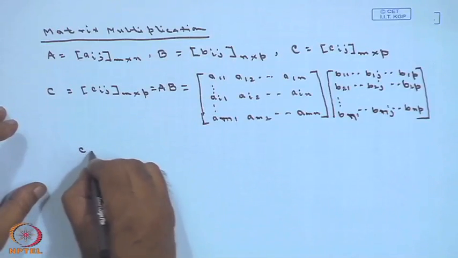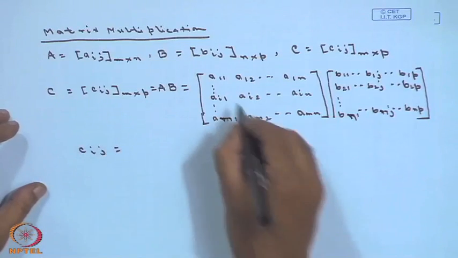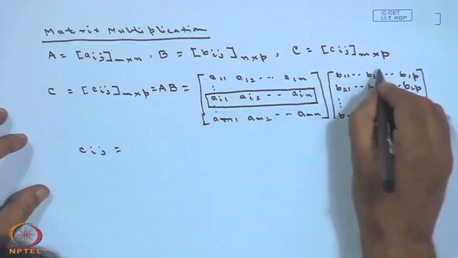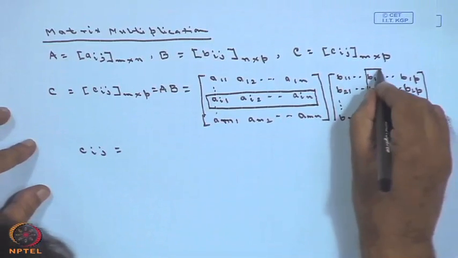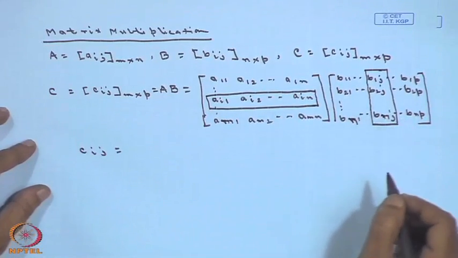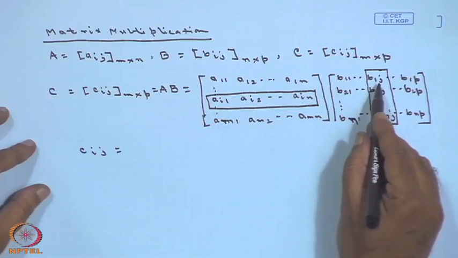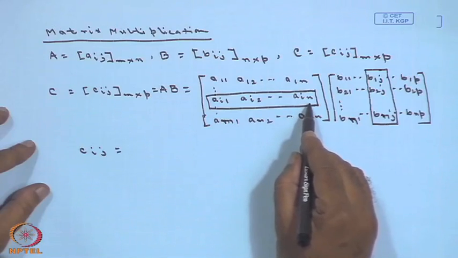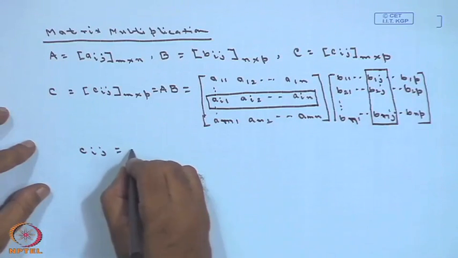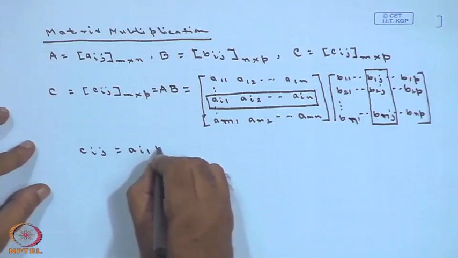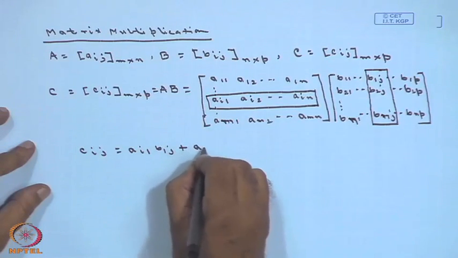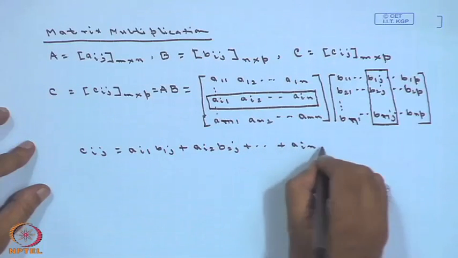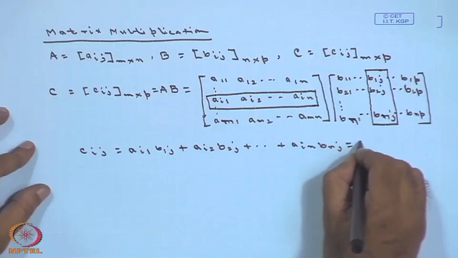Your Cij is nothing but the element wise product and then sum of these two rows and columns, whatever I am marking. That is Ai1 into B1j plus Ai2 into B2j, dot dot like this way, plus Ain into Bnj.